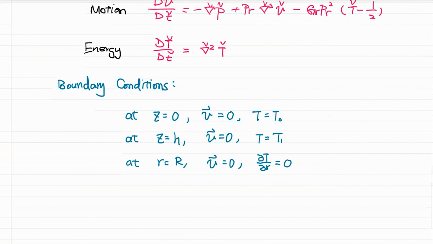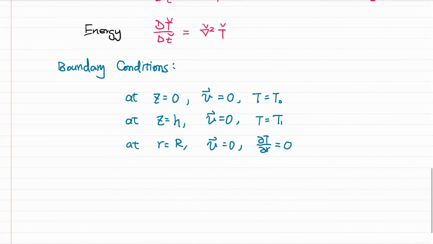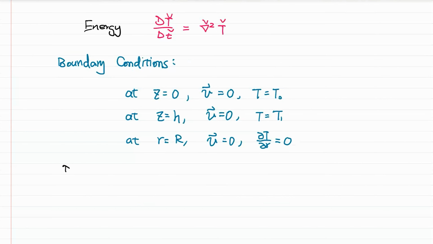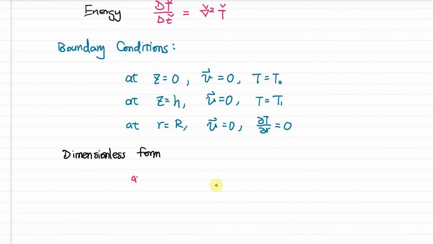Again, we want to transform the boundary conditions into dimensionless forms. So, dimensionless form. At the dimensionless z equals 0, that's z over h, we have the dimensionless velocity as 0 and the dimensionless temperature equals 0.